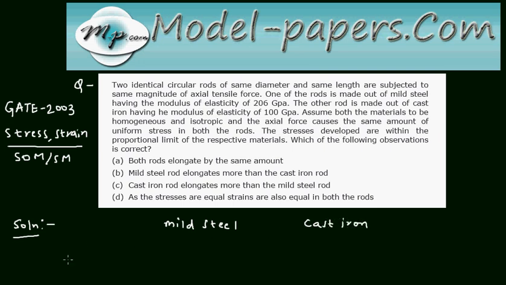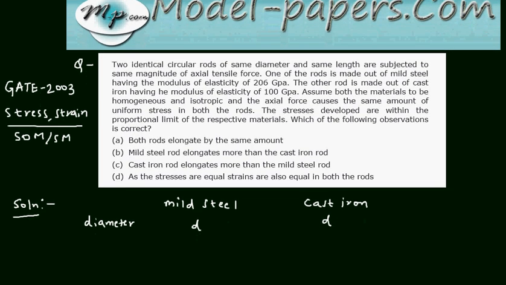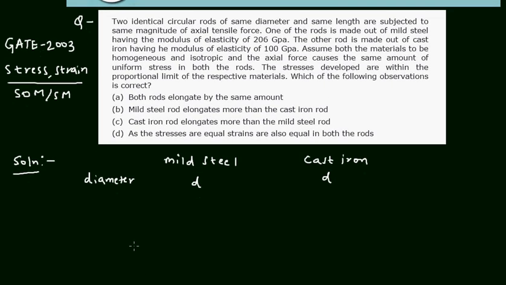Okay, given here diameter for both mild steel rod and cast iron rod, D same. Length is also same, L for both the rods. Okay, what about force? Force is also acting same, let's say F.